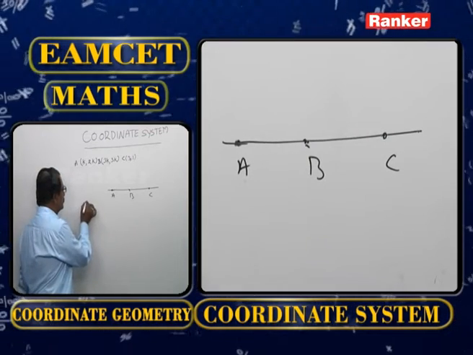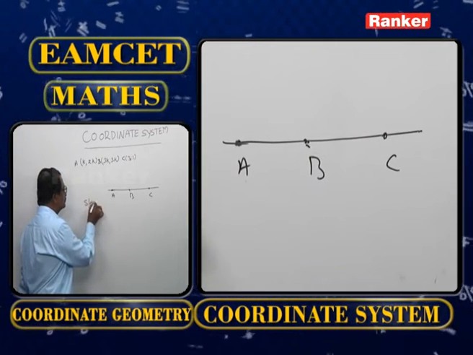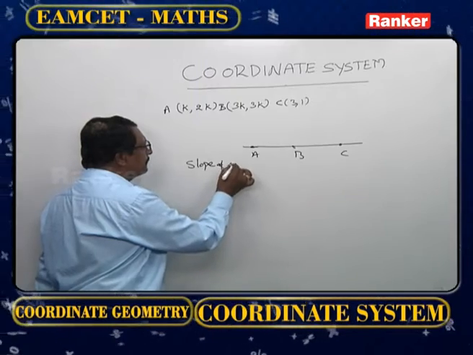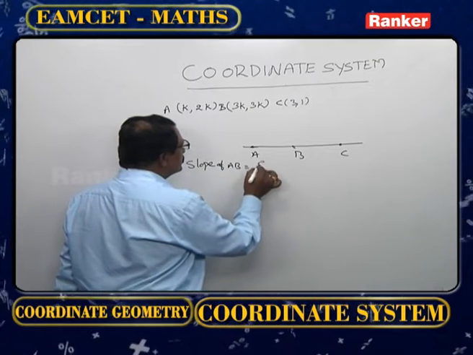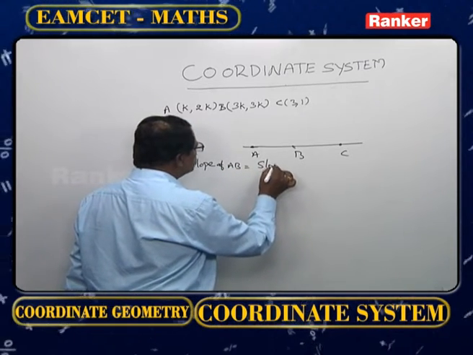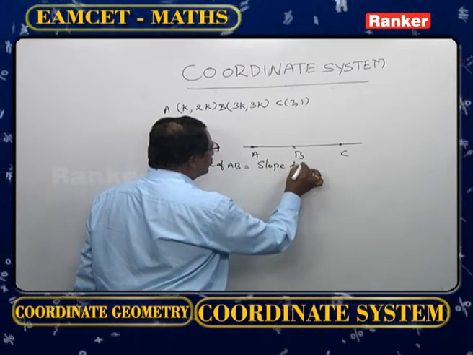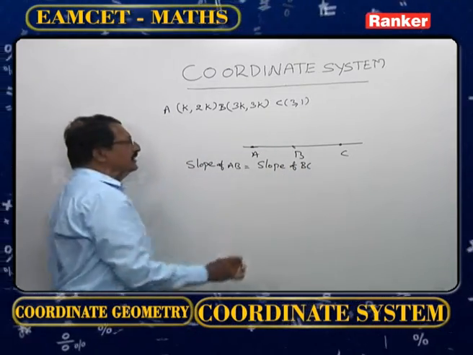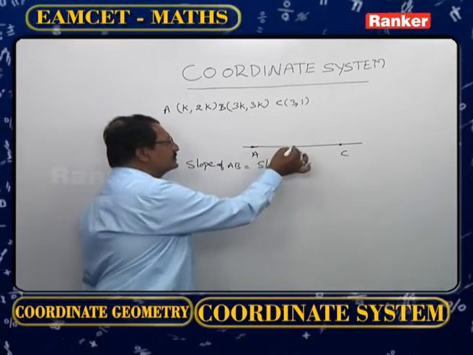Now slope of AB equals the slope of BC. If 3 points are collinear, then slope of AB equals slope of BC.